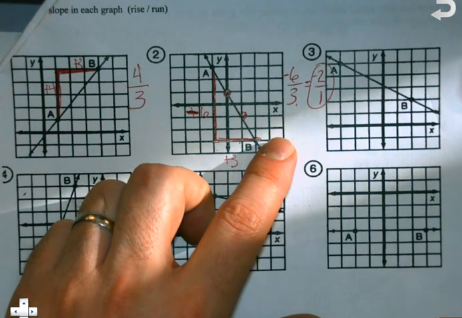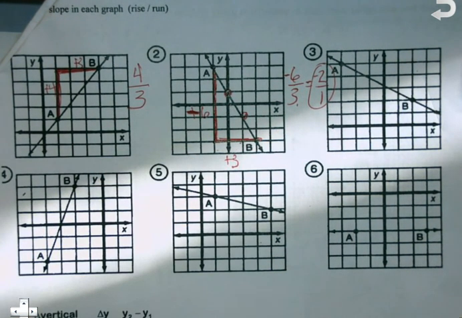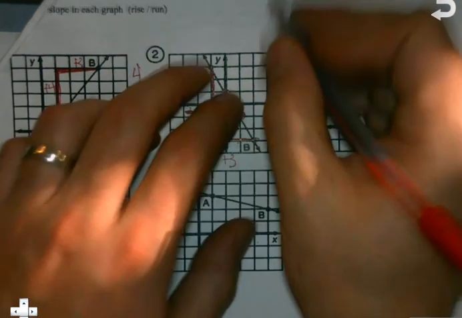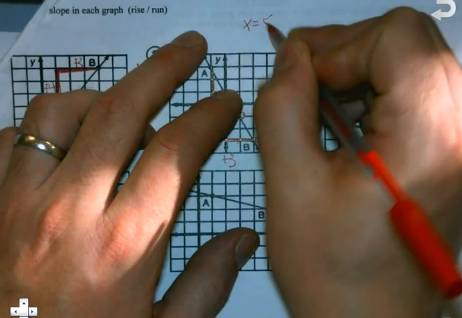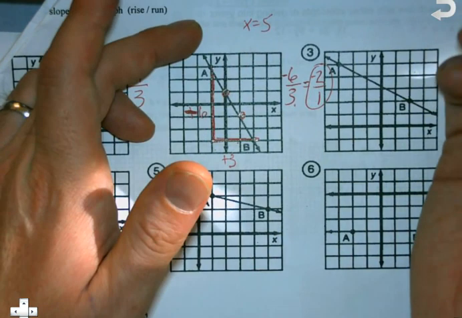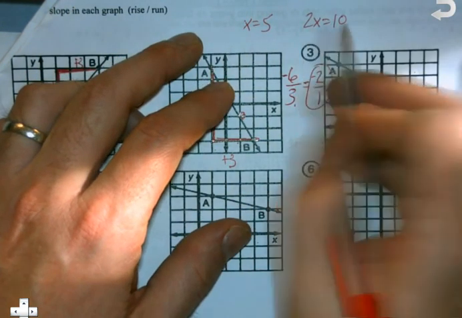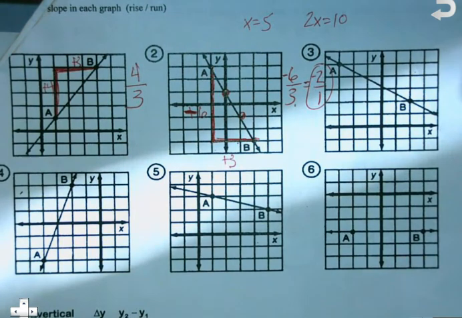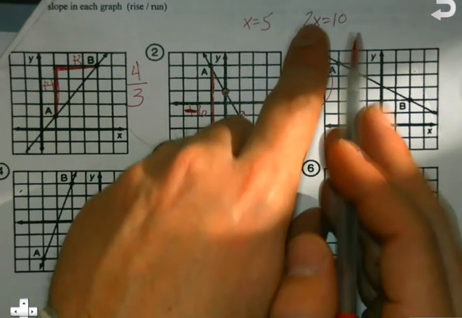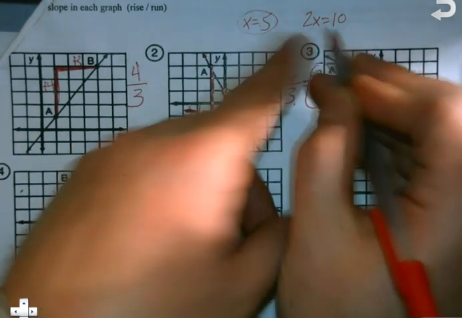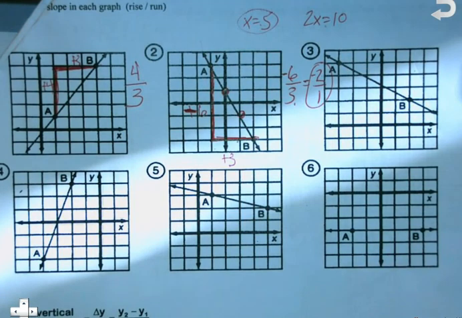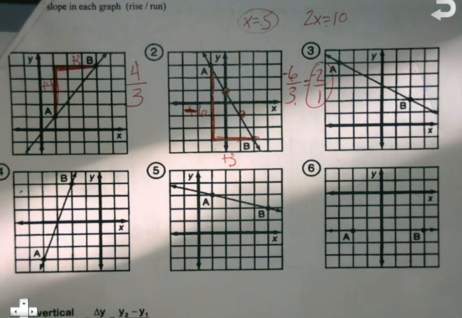I was trying to talk of it as if I were solving an equation. If 2x equals 10, I know if I divide by 2, I get x equals 5. But here, I'm finished with the problem. That's what we're doing with the fraction. We always want them simplified as far as we can.